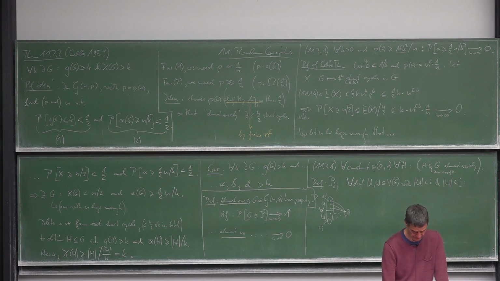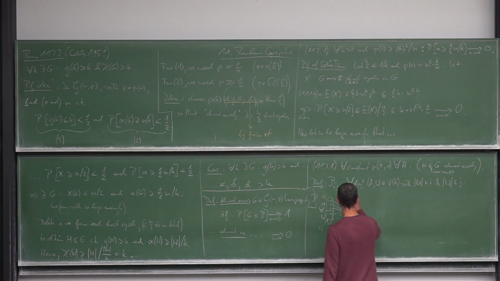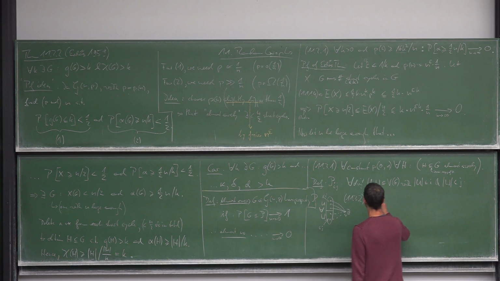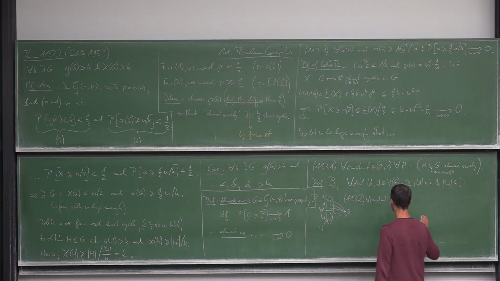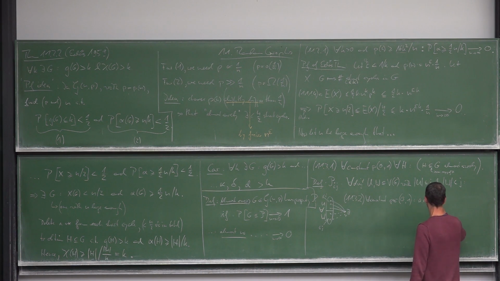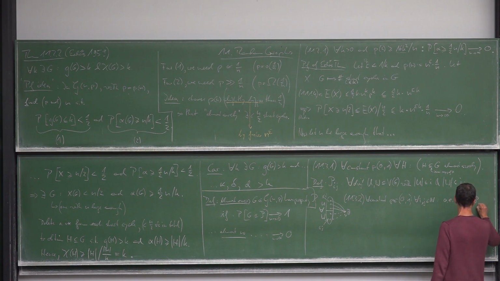Proposition 11.32. For every constant p, not 0 and not 1, almost every G has, for all i and j, at least one, yeah, doesn't matter, almost every G has P_ij.